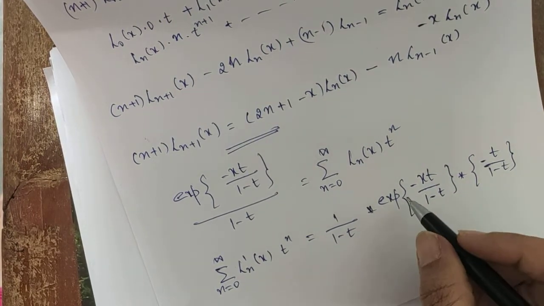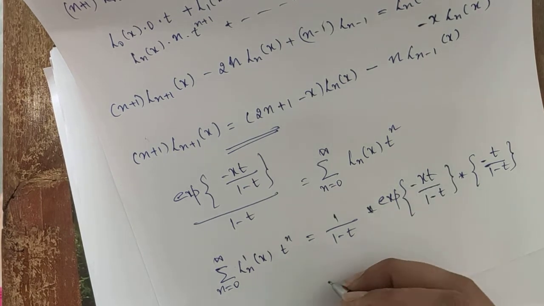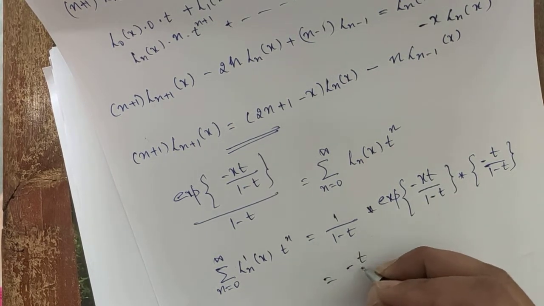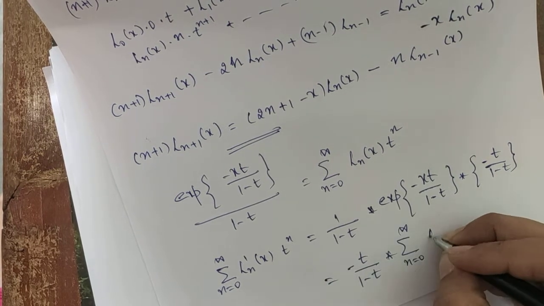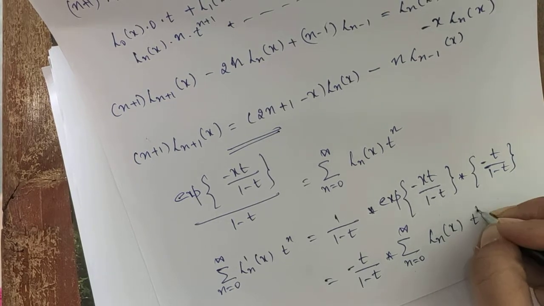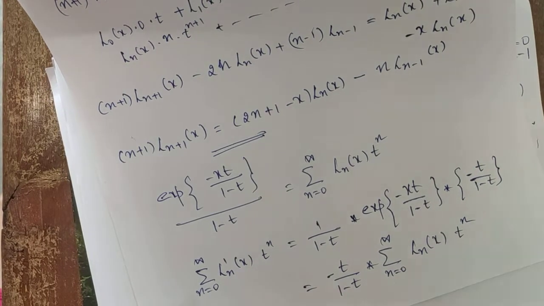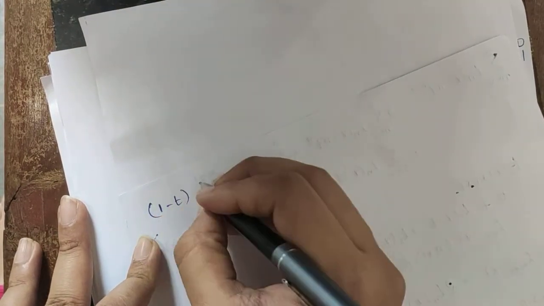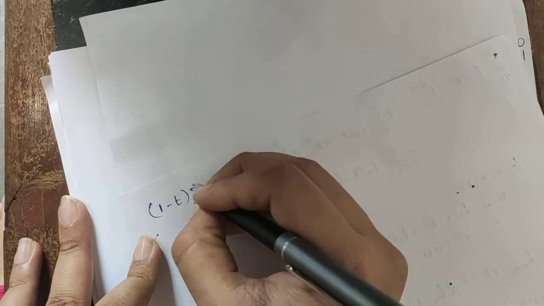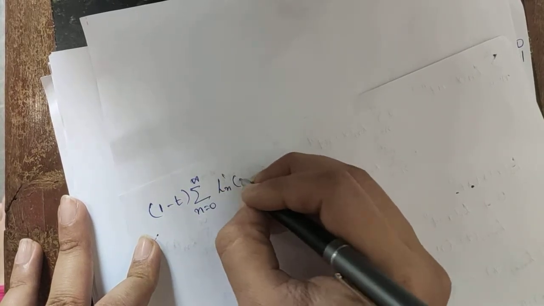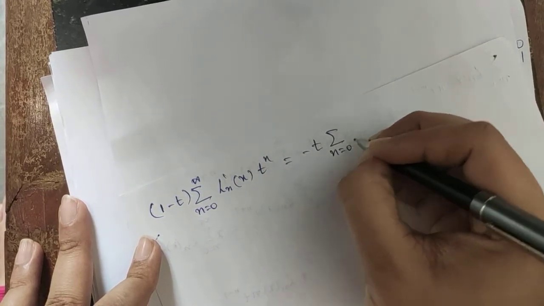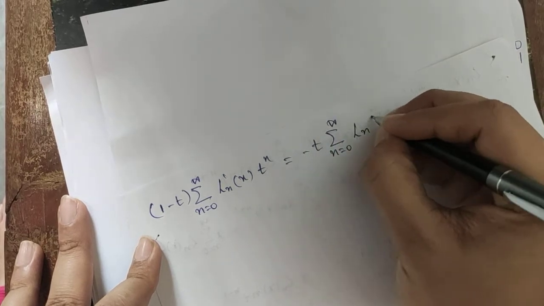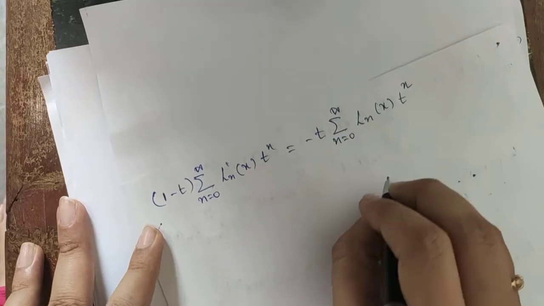So now this is nothing but, again using the generating function, I can write this term as minus t by 1 minus t into summation n is equal to 0 to infinity ln of x into t power n. I can simplify this as 1 minus t into summation n is equal to 0 to infinity ln dash of x into t power n is equal to minus t into summation n is equal to 0 to infinity ln of x into t power n.